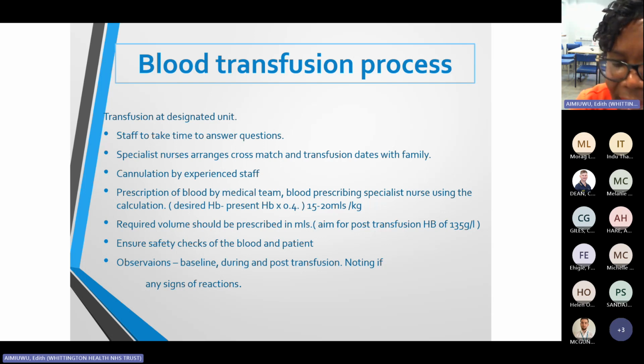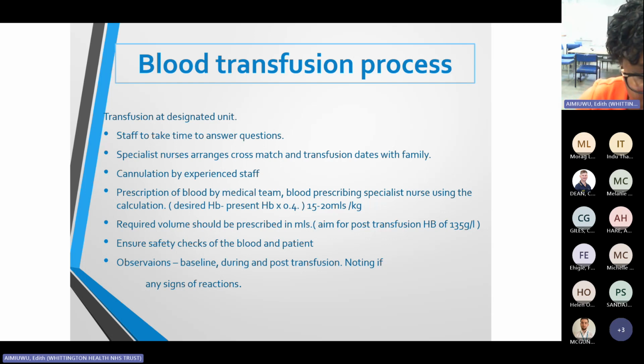I've mentioned that. And the aim of the transfusion is for the hemoglobin to be around 135 to 140 grams per liter. However, you would not raise it by more than 40 grams at a time. So if the child's hemoglobin is 65, you're not going to take it straight to 140. You need to transfuse 40 grams at a time in increments.